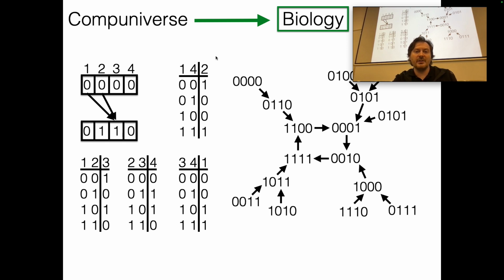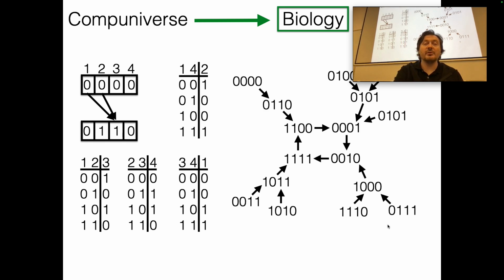No matter where you start, if you start here, you end up in this cycle. If you start here, you end up in that cycle, etc. So far, so good? The thing is that you have 16 possibilities, but you have only one attractor, okay?